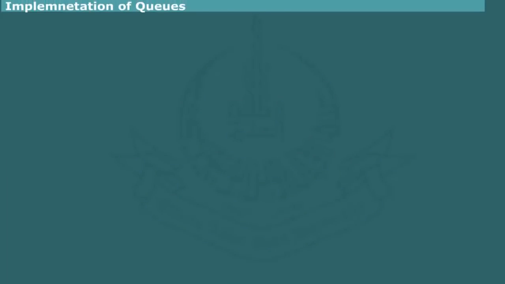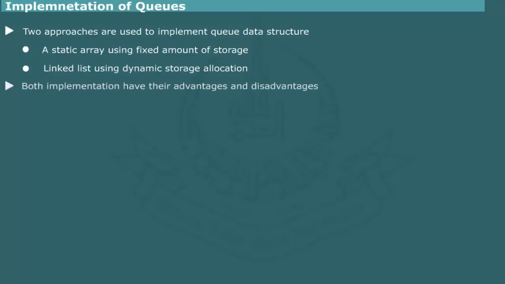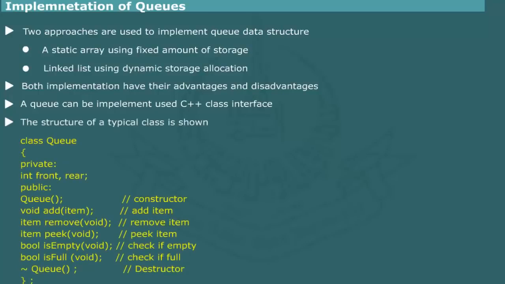Implementation of queue. There are two approaches to the implementation design. A queue can be stored in a static array of fixed size or dynamically allocated memory using linked lists. Both schemes have their advantages and disadvantages. In general, the queue data structure is implemented as a C++ class which has the composition as shown.